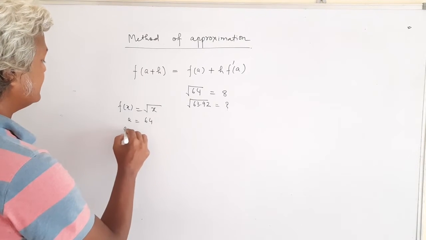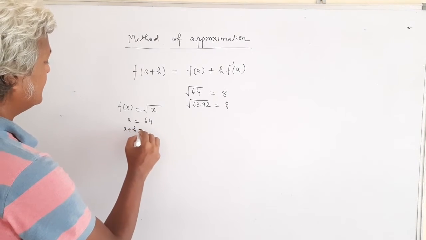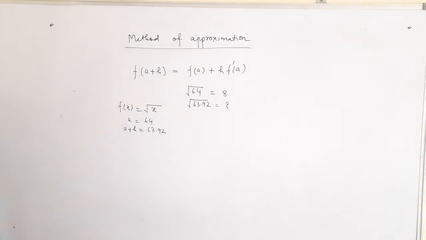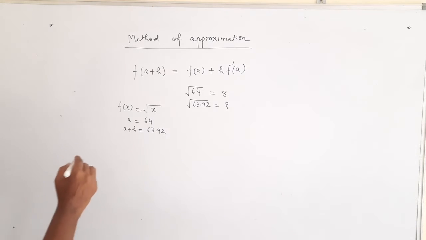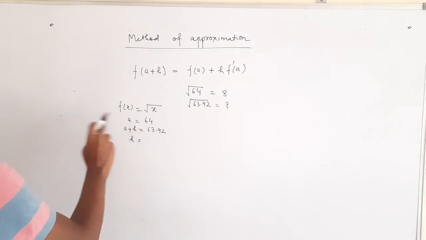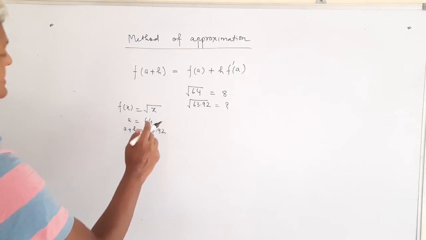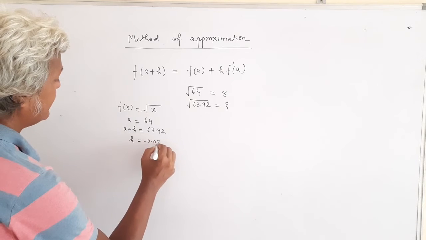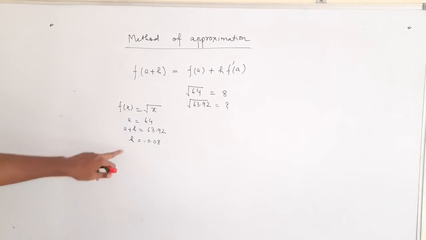So a plus h equals 63.92. Now what is h? h is (a plus h) minus a, so this minus this will be minus 0.08. So this is the value of h.